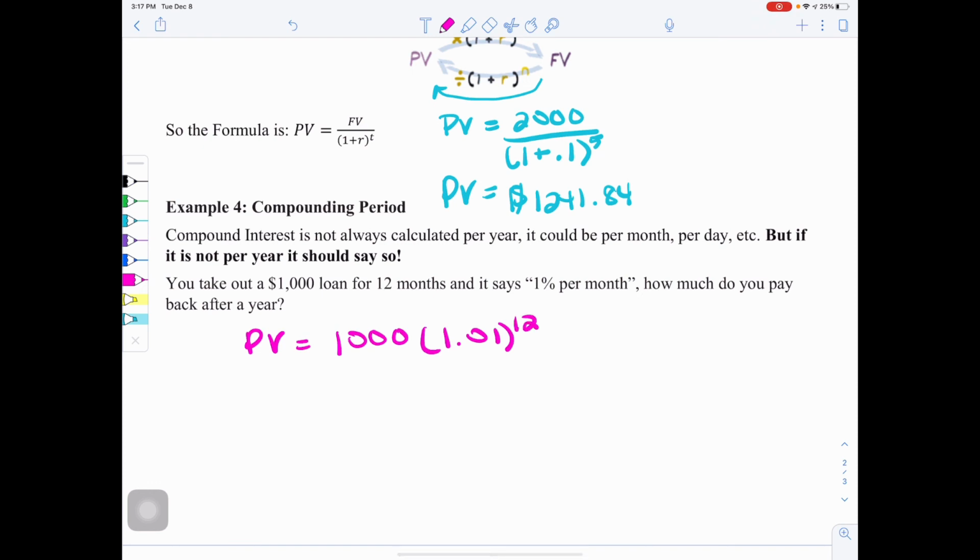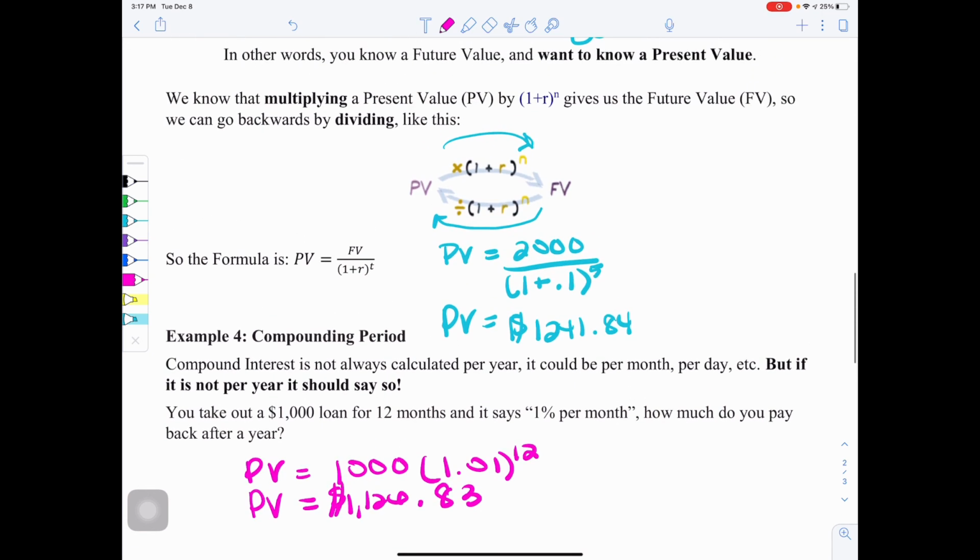You would do 12 because you're going to do that for 12 months. So that ends up being a present value of, if you multiply that out, $1,126.83.